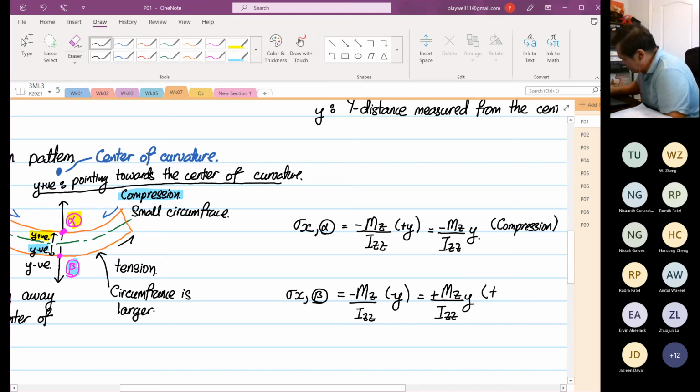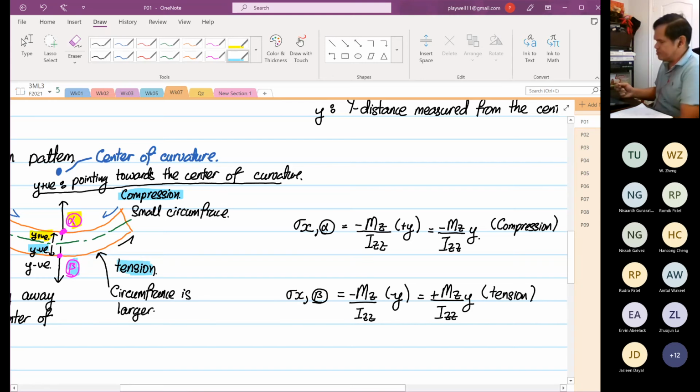So this is what? In tension. So you can see this part at beta is in tension. Now, any questions so far?